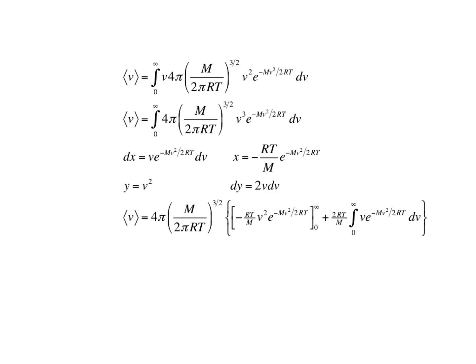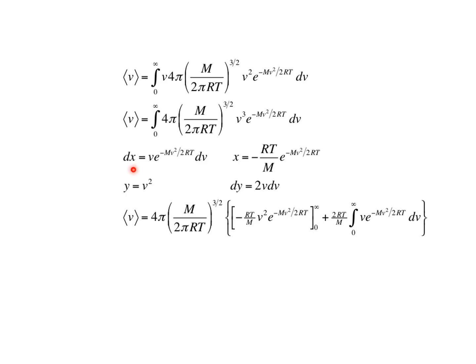So first, let's combine our velocity terms into a v cubed term here. Now the best way to do this integral is to do it by parts. So I'm going to divide my integral up into a v squared part and a v times e to the minus mv squared over 2RT times dv part. I'm choosing those parts because I know how to integrate this.